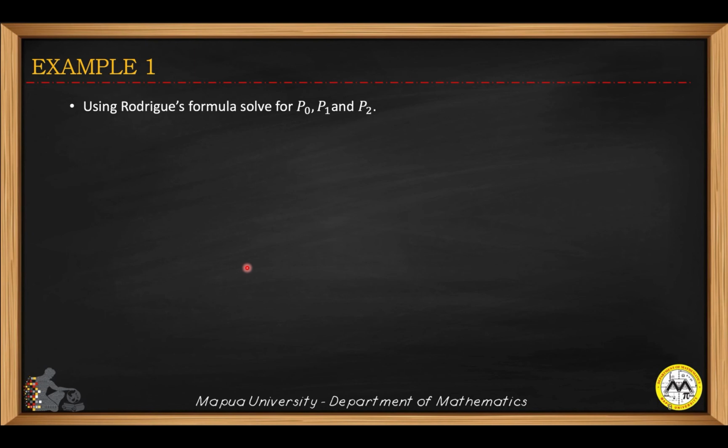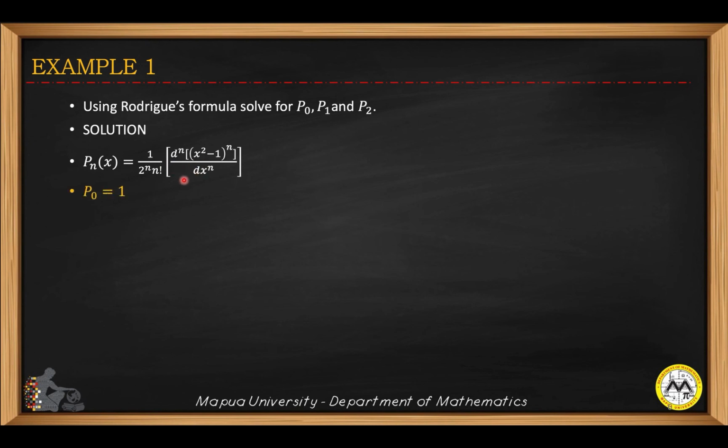Okay, so that's an example. We use the Rodrigues' formula to generate the polynomials P sub 0, P sub 1, and P sub 2. We know that P sub n is derived using this formula.